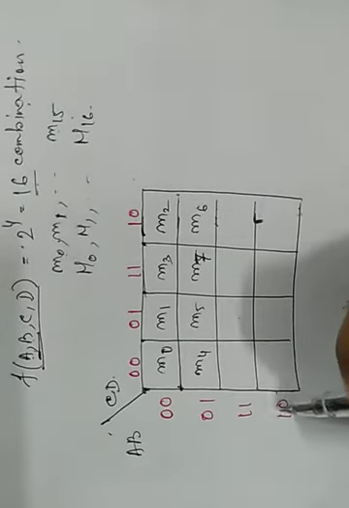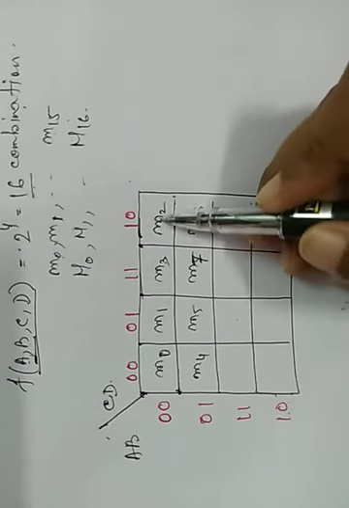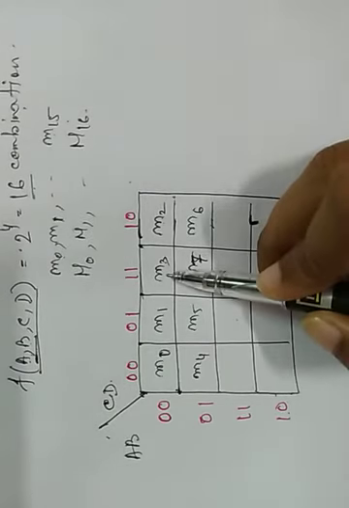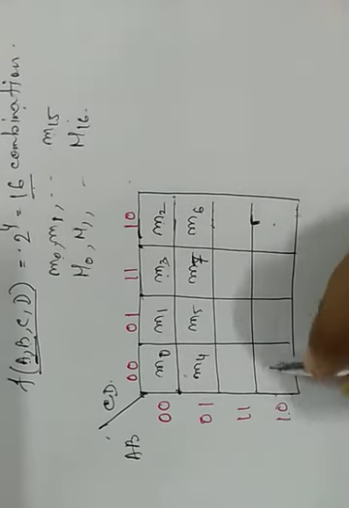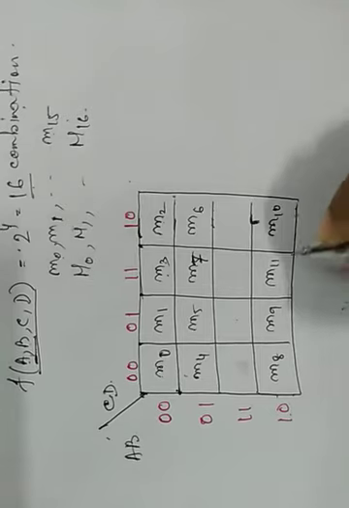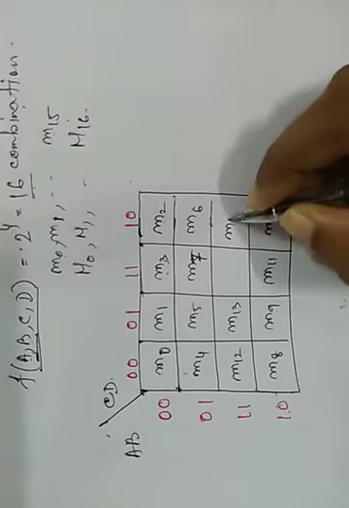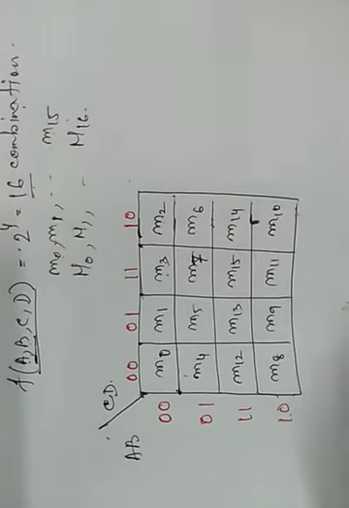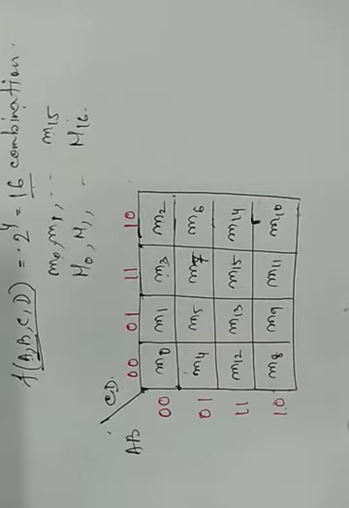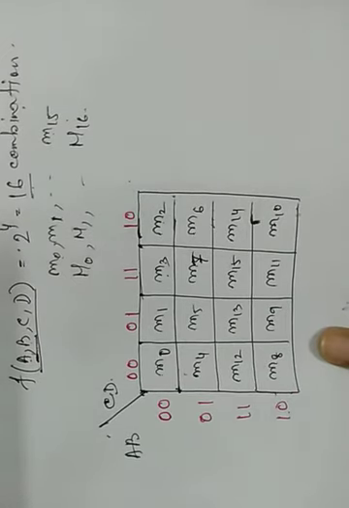Just as M2 is last in the first row and it comes here M3, M8 must be in the last row, M8, M9, M10, M11, now M12, M13, M14, M15. Okay, this is our Karnaugh map table.